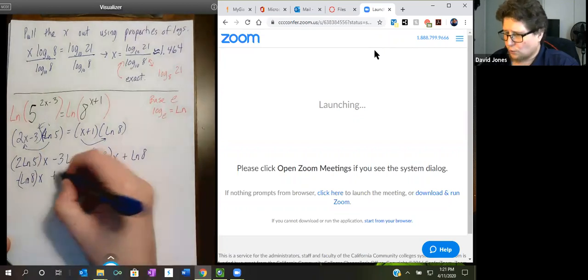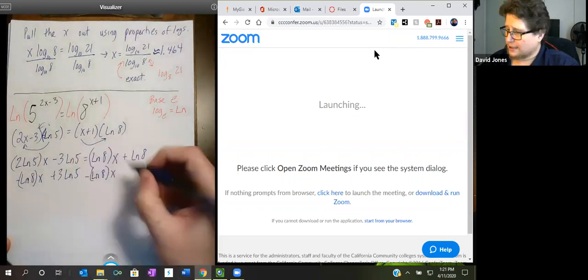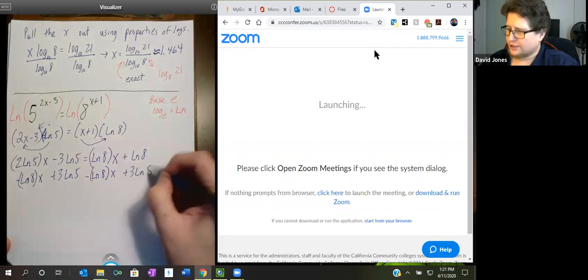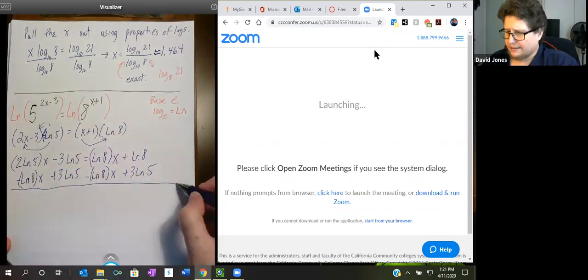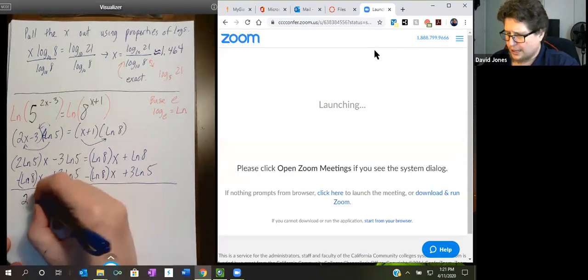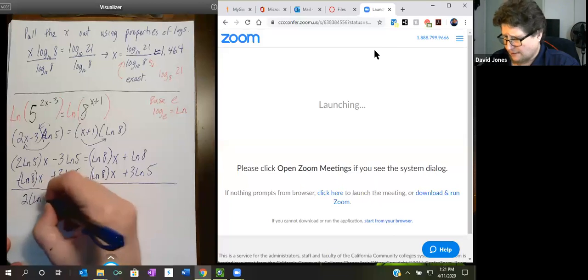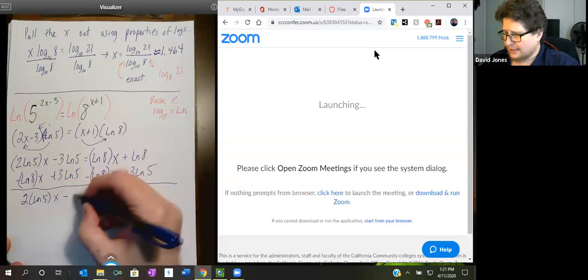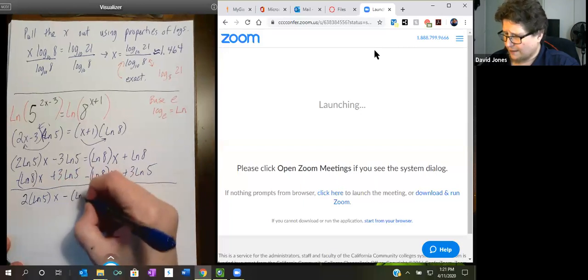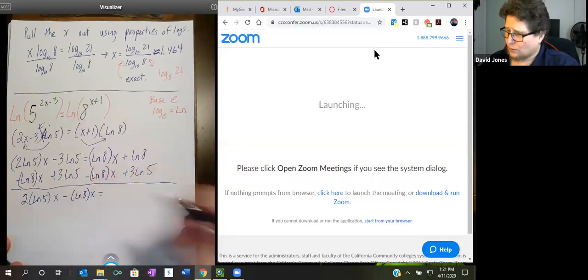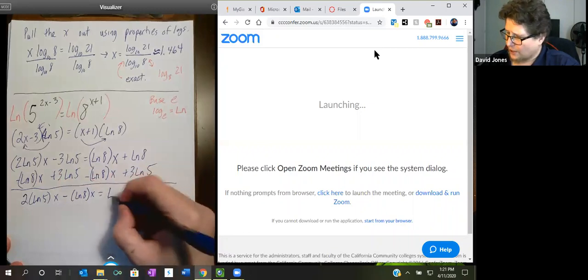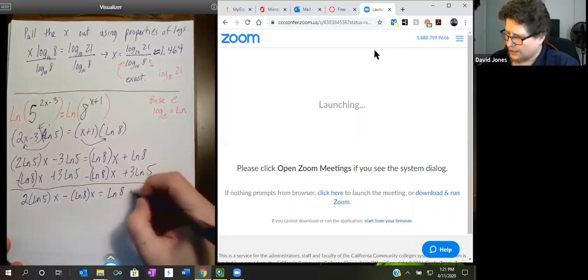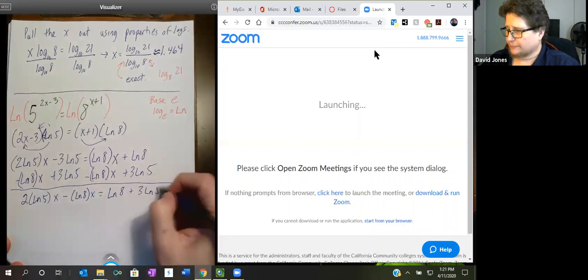And I'll add 3 natural log of 5 to both sides, because we're going to gather all our constants on the right. Now I've got 2 natural log of 5x minus natural log of 8x equals natural log of 8 plus 3 times the natural log of 5.